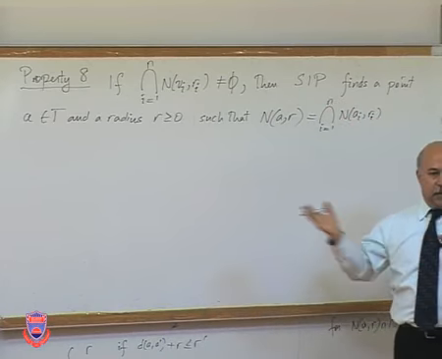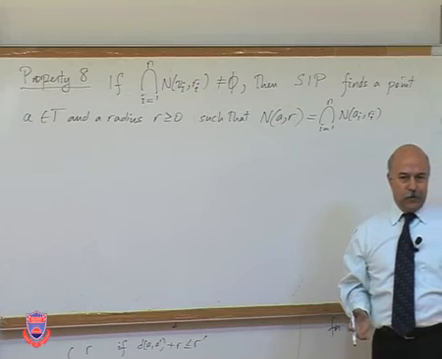This property simply justifies that the algorithm does what it is supposed to do. Okay, that's all.